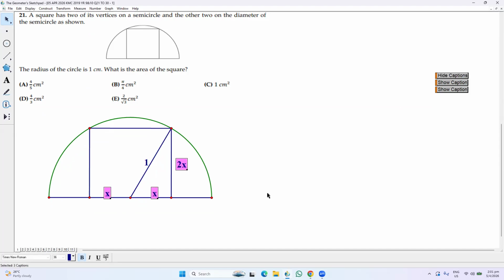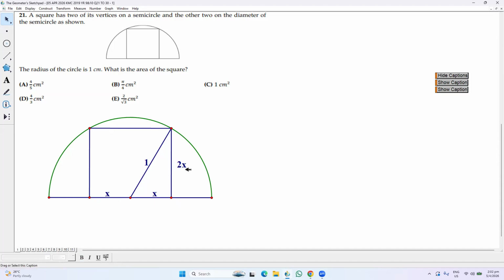So we know it's a square, and the square must have the center of the circle as the midpoint of one side on the diameter. So here is x and x, then here 2x.